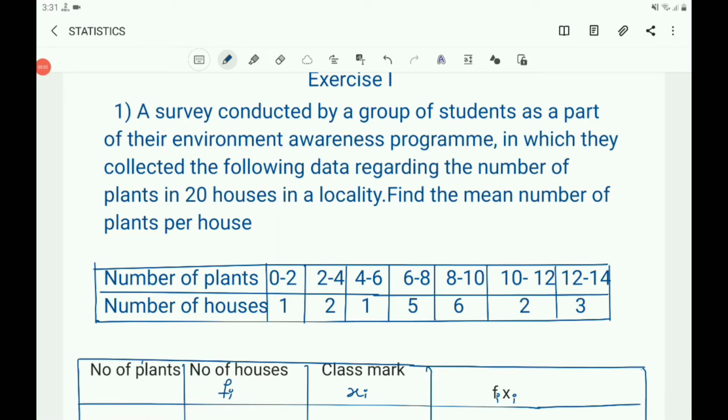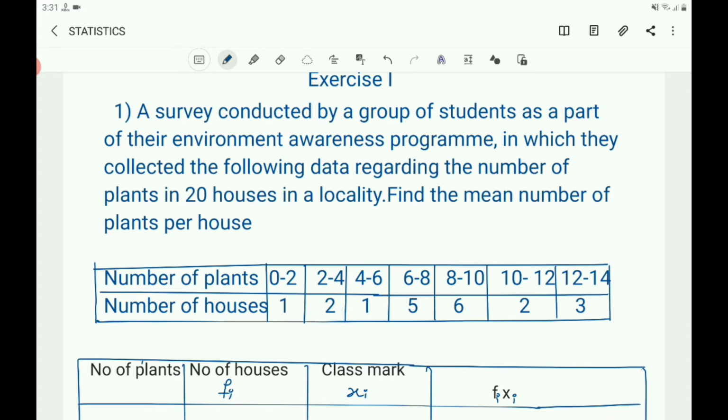Now let us take the exercise first. First question. A survey was conducted by a group of students as a part of their environment awareness program, in which they collected the following data regarding the number of plants in 20 houses in a locality. Find the mean number of plants per house.